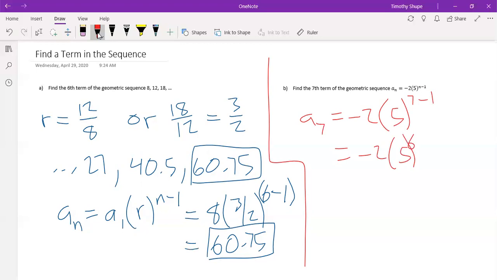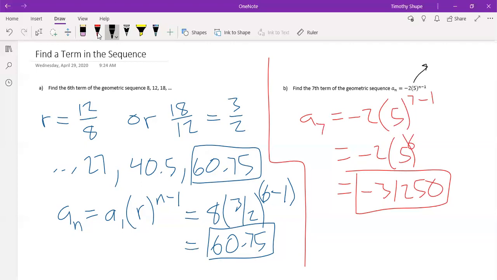And if I multiply that out, the -2 times 5 raised to the 6th, I get a very large number, -31,250 is the seventh term in that sequence. Now, if I look at this, we didn't find the ratio because we already had the equation, but I can still see the ratio from the equation itself.